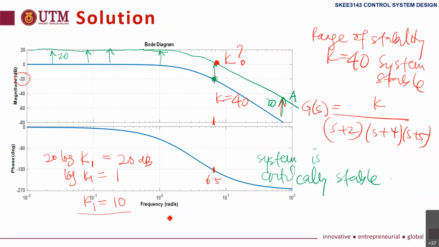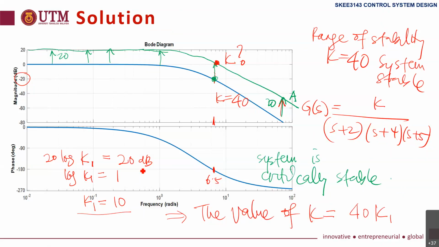Then the value of K is equal to the initial K multiplied with K1. We cannot use just K1 because initially it was 40.